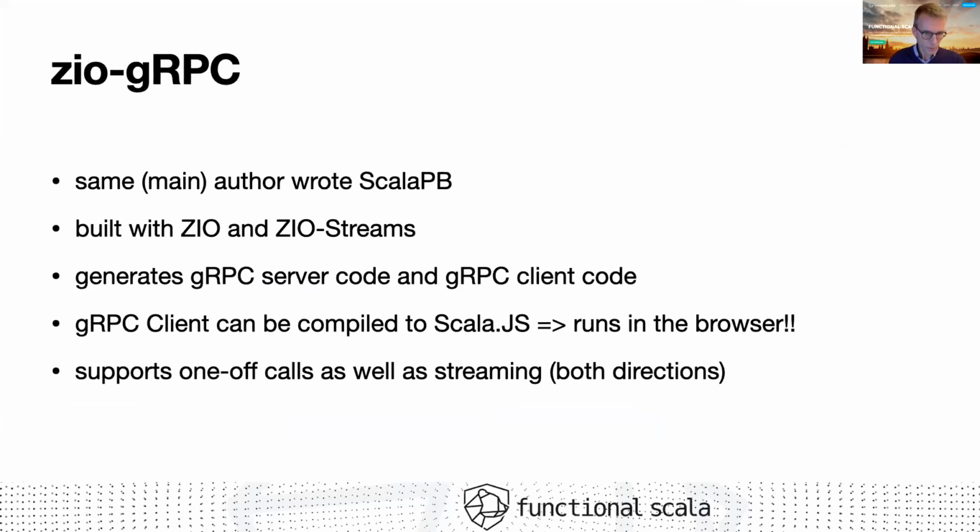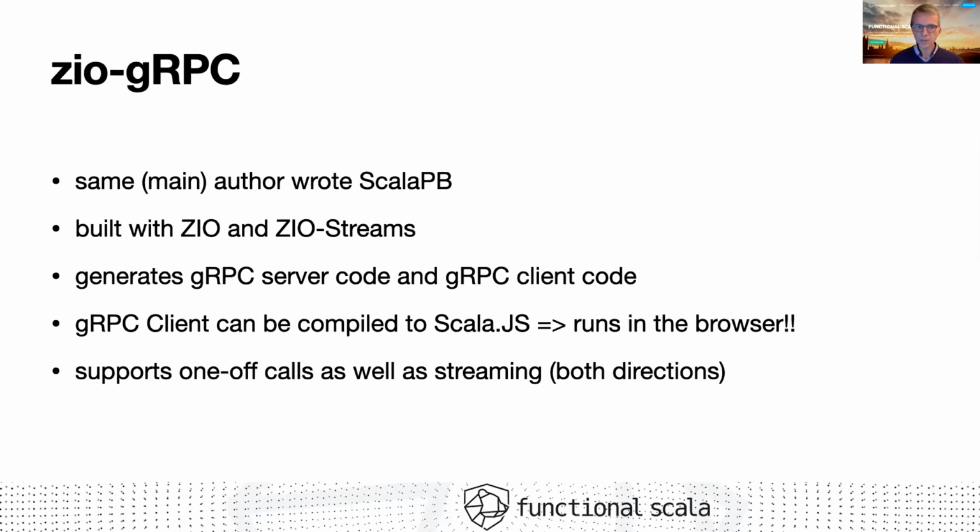It's built with ZIO and ZIO streams. And so what it will do is generate code for you that you can run on the server and on the client, because you need to have both ends of the communication. And the absolutely mind-blowing thing here is that the client, probably also the server, but at least the client, can be compiled to JavaScript. So that means that you can run the gRPC client in a browser.